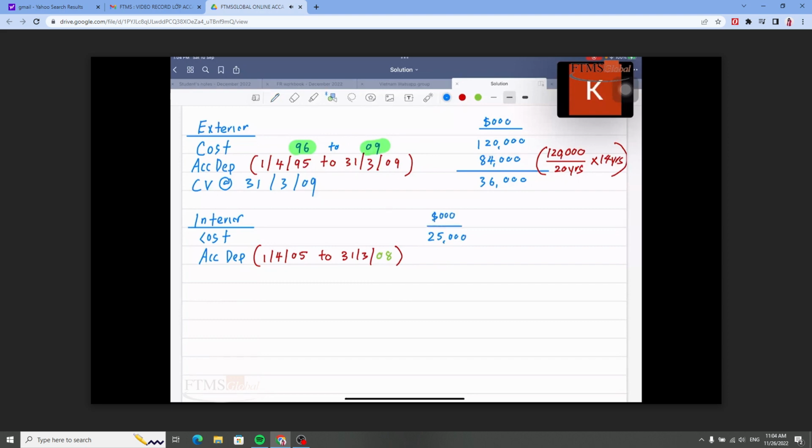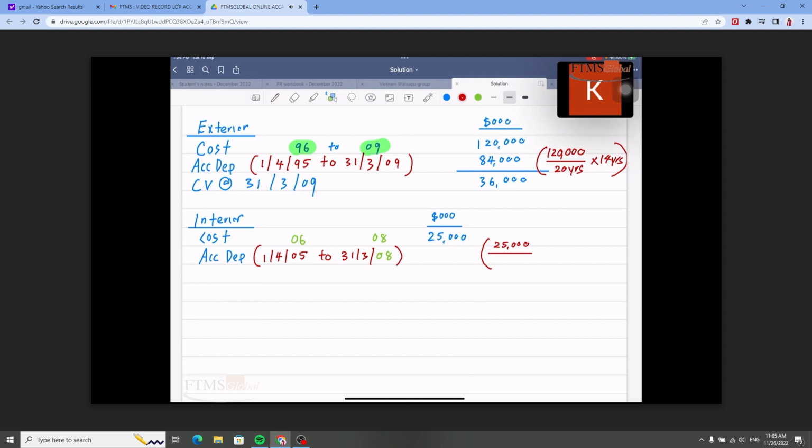Then calculate your depreciation. Now, depreciation, of course, is easier, so fewer years. Your first year depreciation starts from 06 to 08, right? Because it's not a December year end. So 06, 07, 08, 3 years. Straightforward. So here, calculate the depreciation: 25,000 divided by useful life.